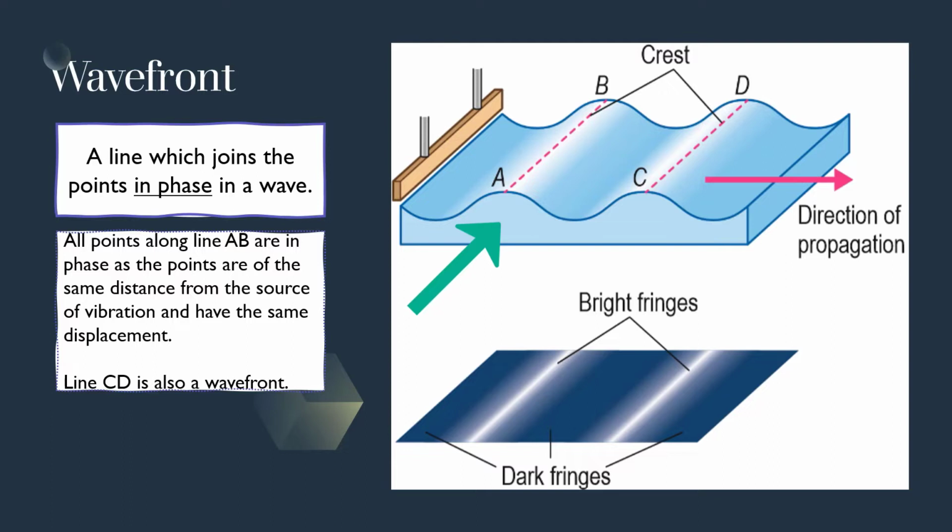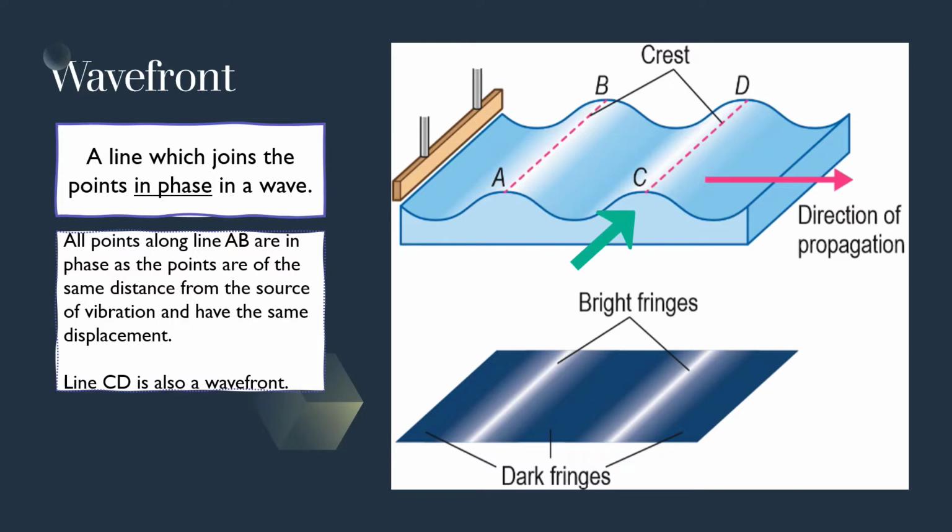Therefore, line AB, which joins the points in phase, is known as a wavefront. In phase means sama fasa. Same goes for line CD. Line CD is also known as a wavefront.